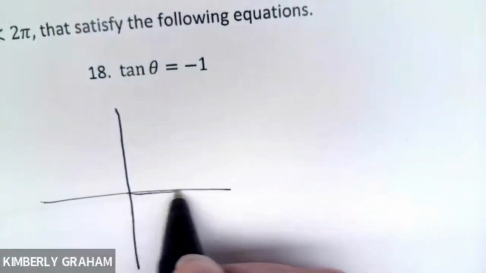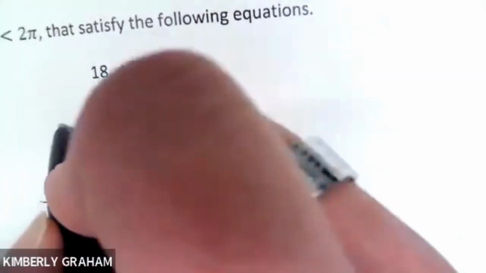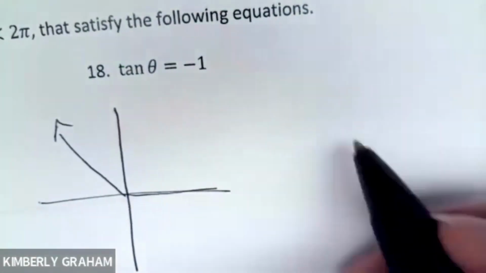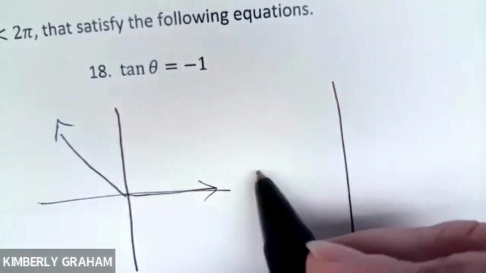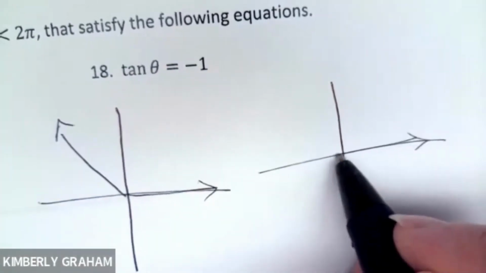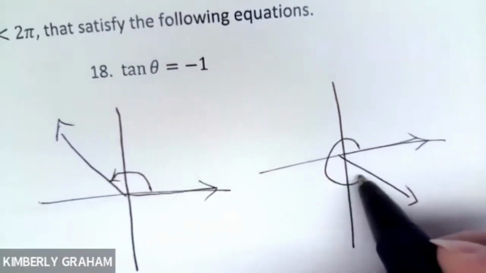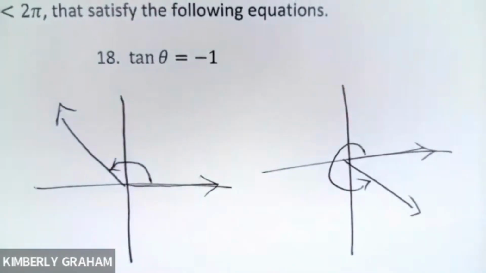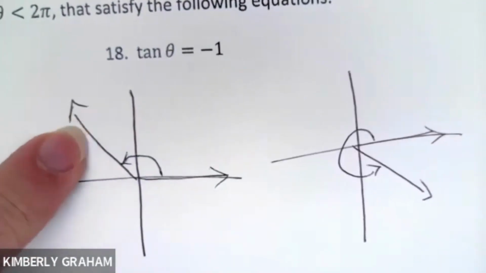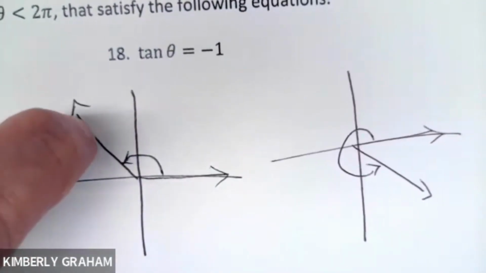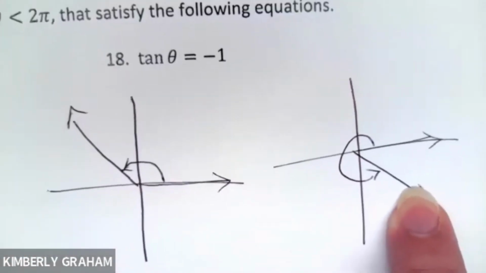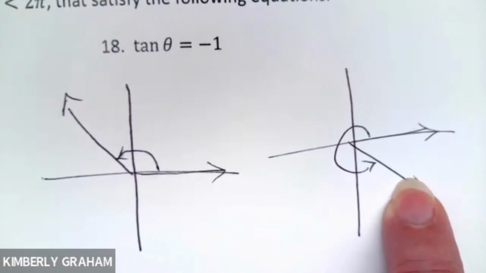So I am either in quadrant 2 or in quadrant 4. Over here my x coordinate is negative and the y coordinate is positive, and over here my x coordinate is positive and the y coordinate is negative.